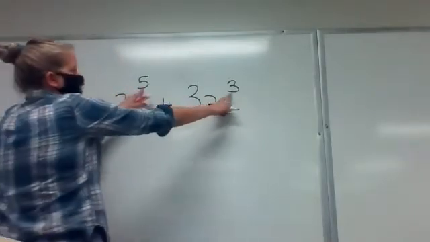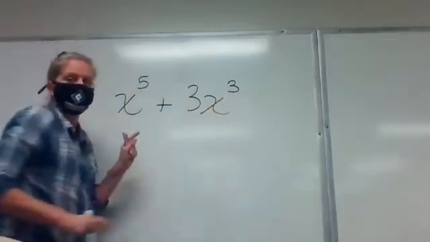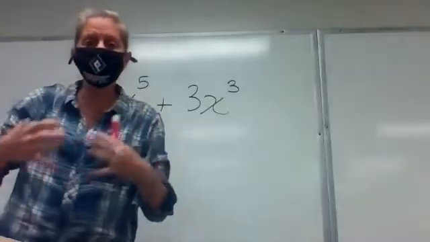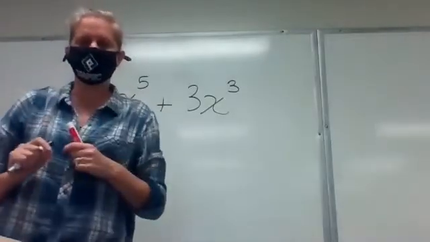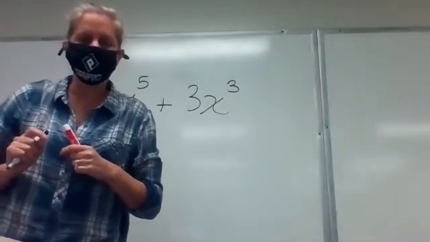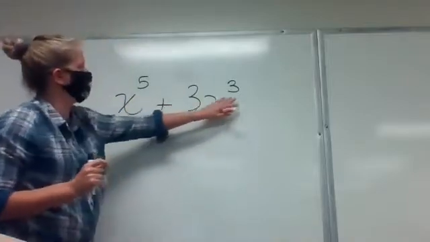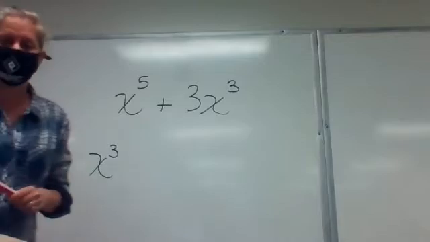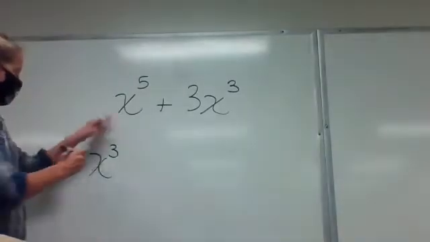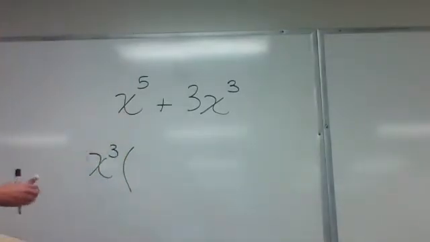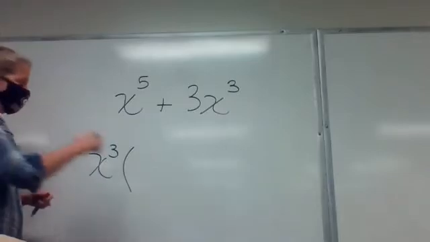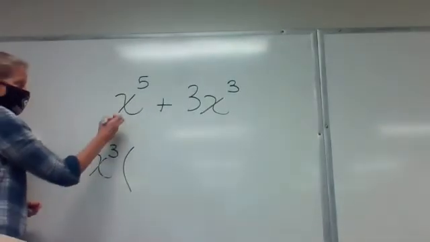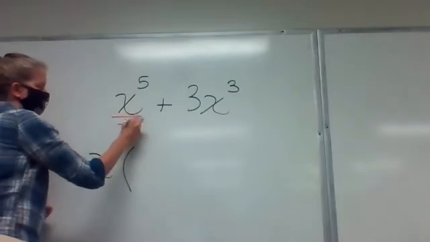What you do is you look at the exponents on the x's. This one's x to the 5th, and this one's x to the 3rd. You can pull out as much as the smallest exponent has. So if one has x to the 5th and one has x to the 3rd, then I can pull out x to the 3rd, the least one. Again, remember, to see what's left in your parentheses, whatever you pulled out, which is x to the third, that's what you're going to divide by.